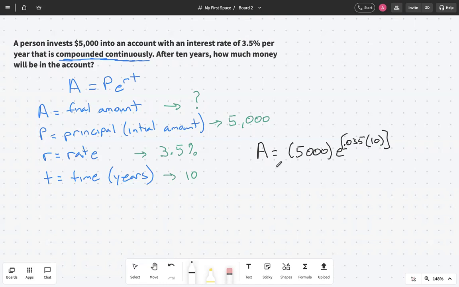And we're going to get 7,095.34. And that will be in dollars. So that will be our final amount after 10 years investing $5,000 into an account at 3.5% compounded continuously.